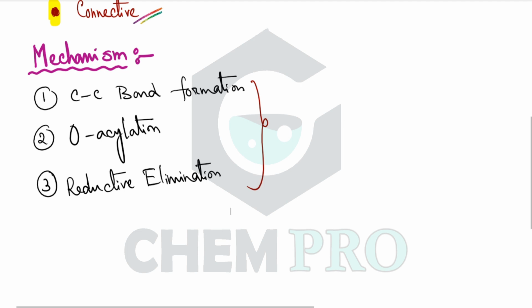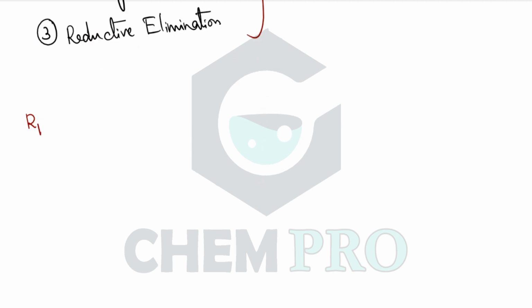So for that we have the alkyl phenyl sulfone. Here it has two hydrogens, and these protons are very acidic due to the minus I effect of the SO2Ph.